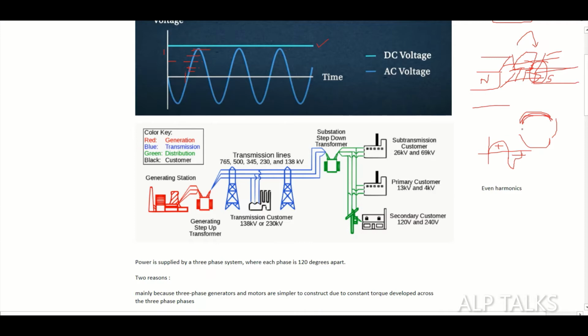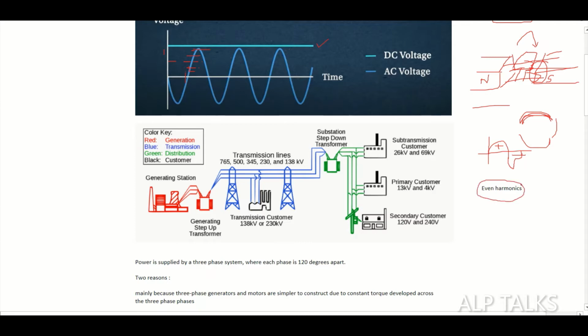My intention is that almost all magnetic devices are symmetrical. All alternator generators are symmetrical in nature with respect to the north and south poles and everything. So we almost always get a sinusoidal supply.